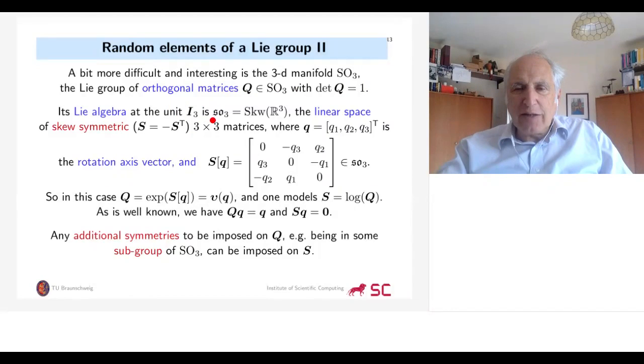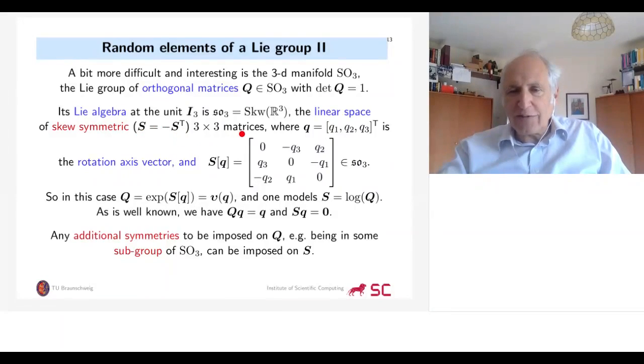The Lie algebra is written little so(3) in this Fraktur way of writing. These are the skew-symmetric matrices. So it's a linear space of skew-symmetric matrices, matrices which satisfy this here. If you transpose them, you get the negative. And if they are real matrices, it means the diagonal, because the diagonal stays under transposition, can only be zeros, right?